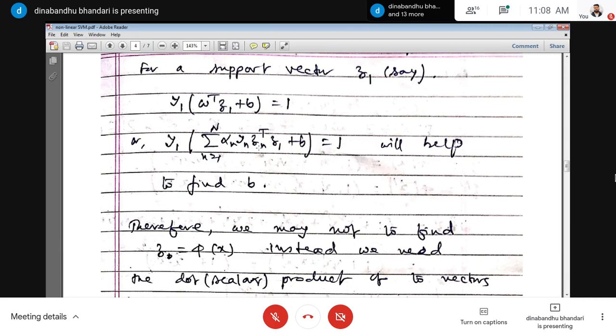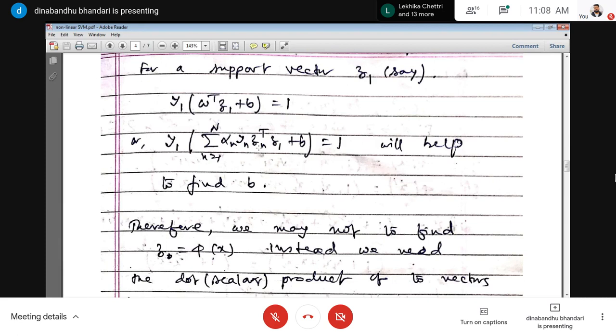You have the points in two dimensions. Maybe you take the point into a higher dimension, where the data becomes linearly separable. Whenever you map points from 2 dimensions to 100 dimensions, there has to be a function phi, the transformation, whatever it is, a complicated function of X. Instead of the explicit point, where does it lie, how does it look, we do not need to bother about that.